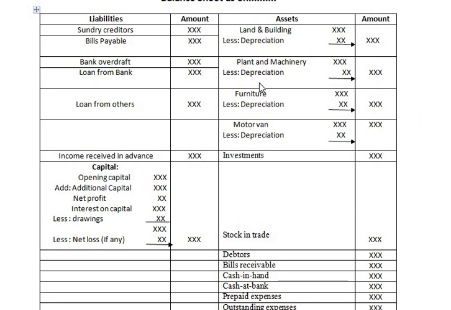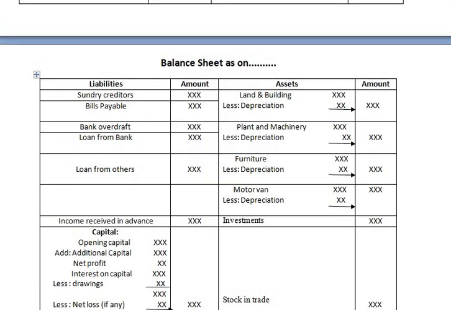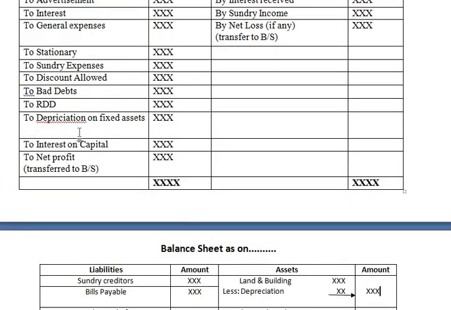This depreciation, one entry is to the profit and loss account. I'll just show you here. See, depreciation on fixed asset, okay, this is nothing but in the balance sheet you will have depreciation being given. So any depreciation on any of the fixed assets will be coming over here, okay.